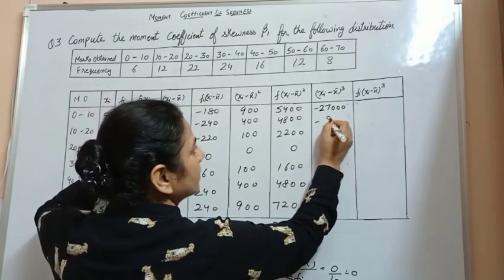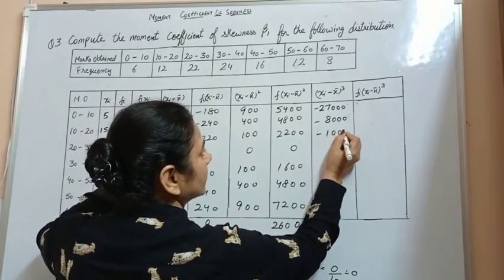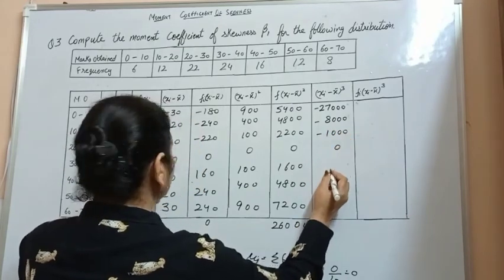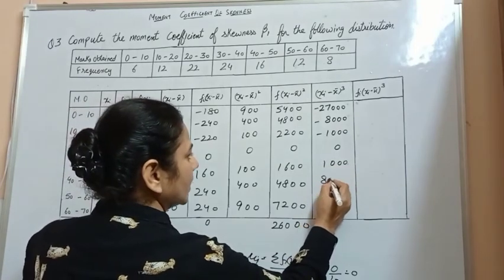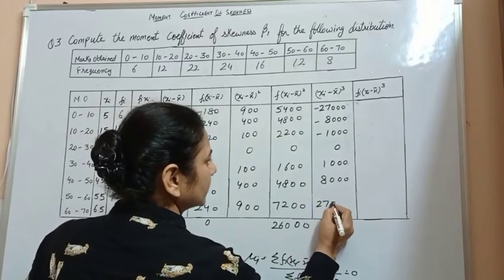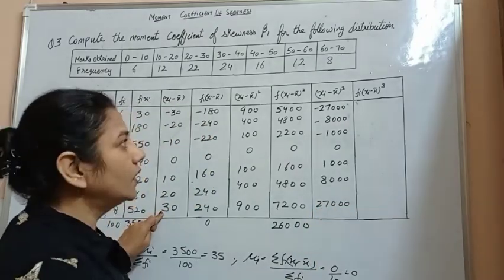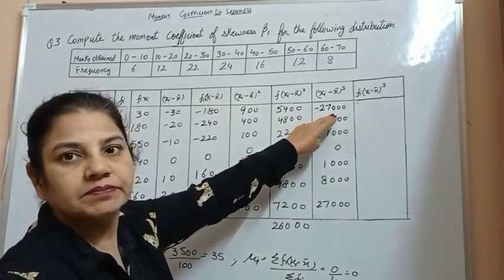Minus 20 cube is minus 8,000, minus 10 cube is minus 1,000, then 0. 10 cube is 1,000, 20 cube is 8,000, and 30 cube is 27,000. Now multiply Fi with xi minus x bar whole cube.